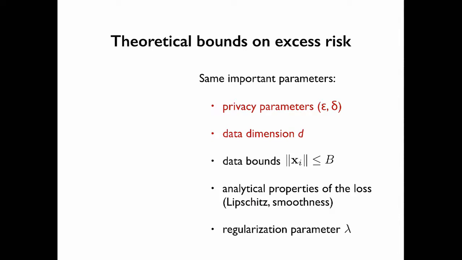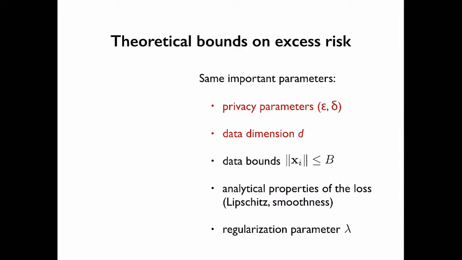Okay, so how well do these methods work? Well, you can do some theory, and there are a lot of parameters which are going to affect the performance of these methods. Obviously, there's epsilon and delta, the privacy parameters. There's the data dimension, the bounds, the normalization that you've done, stuff about the loss function like Lipschitzness and smoothness, and also the regularization function and the regularization parameter.